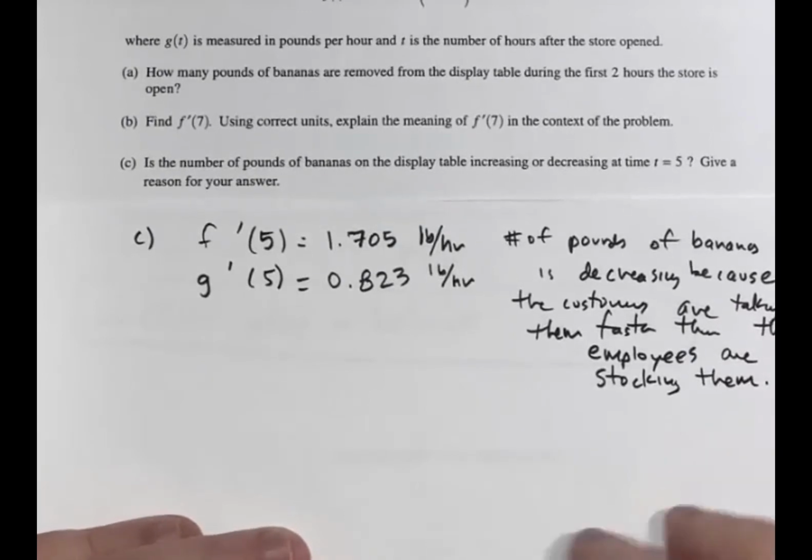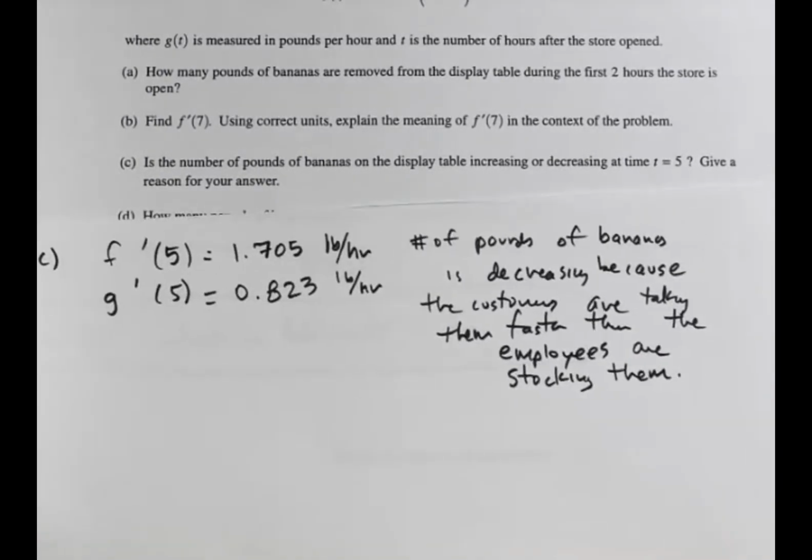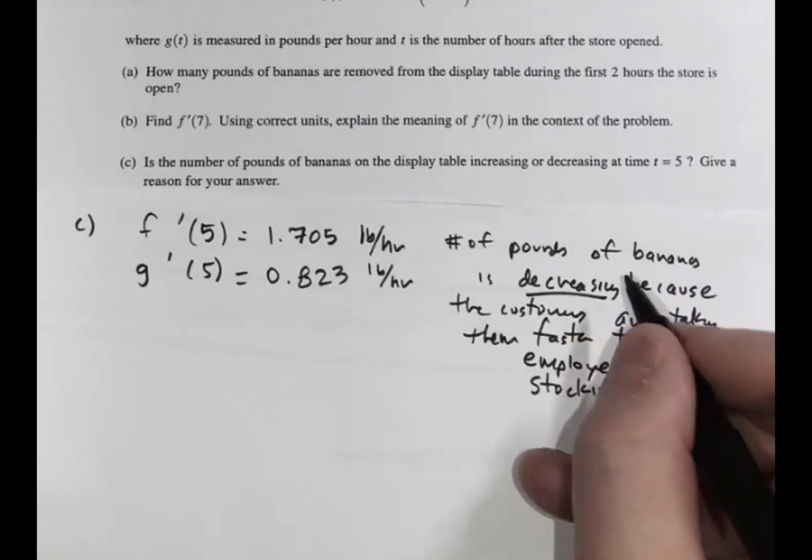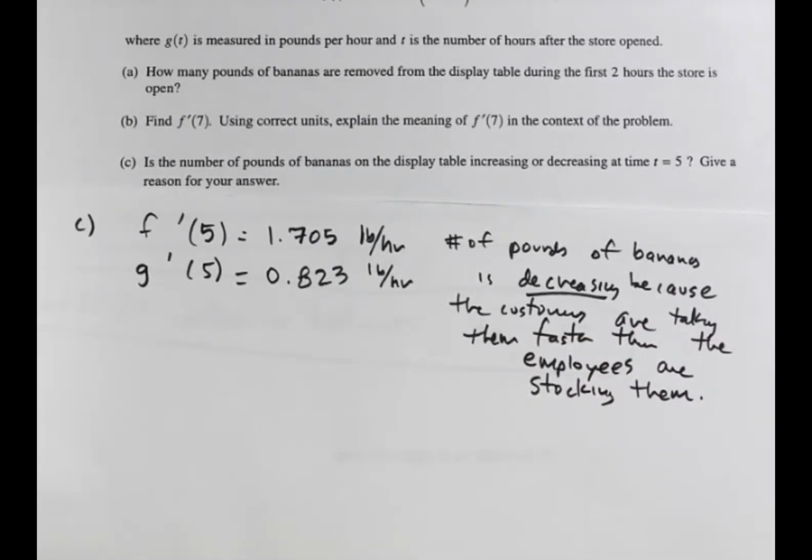All right, so that's the reason why at this particular instant we are definitely having a decrease in the number of pounds of bananas, because of the different rates of change.